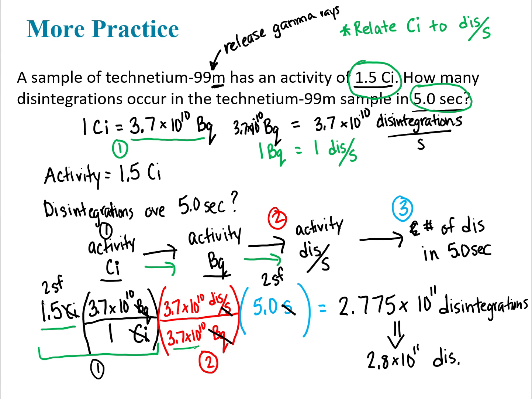I could have put 1 to 1 here. If we stopped here, then what we would have is our activity in disintegrations per second.